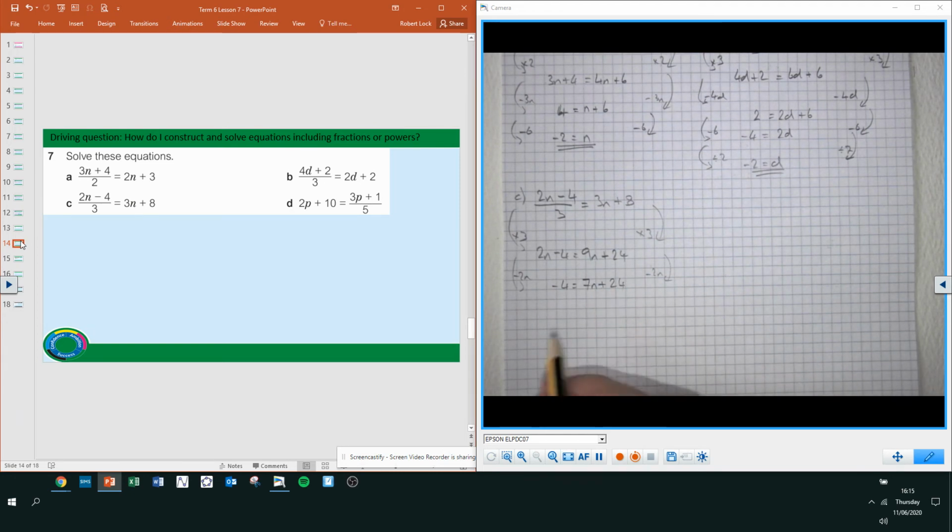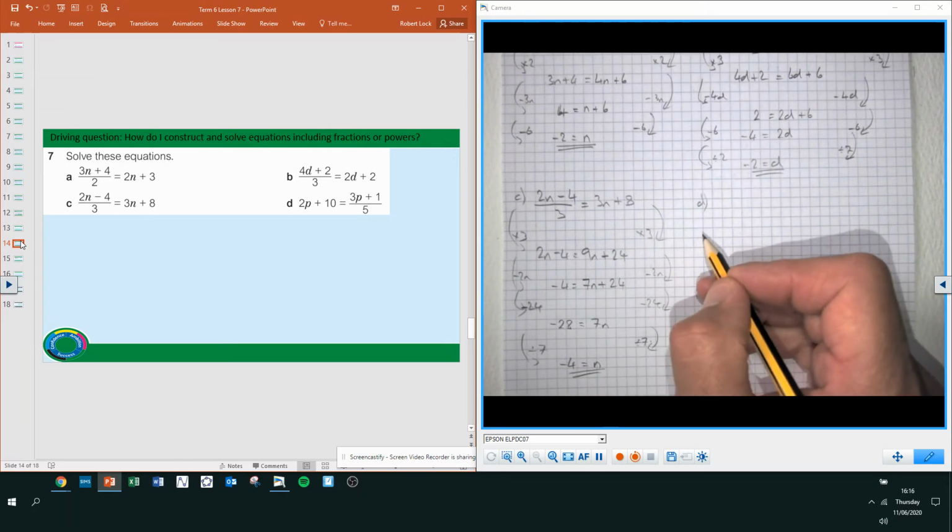Let's get rid of the 24, so opposite is a minus 24, minus 24. Minus 4 minus 24 makes minus 28 equals 7n. Divide by 7 both sides to get n on its own. So 28 divided by 7 is 4. So minus 28 divided by 7 is minus 4 equals n. So n equals minus 4. D.